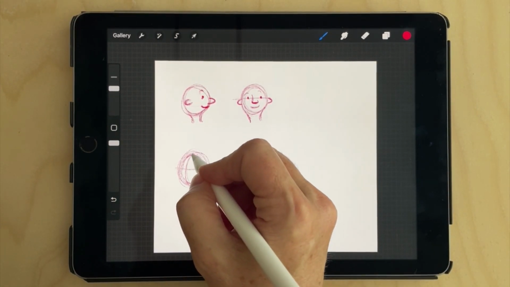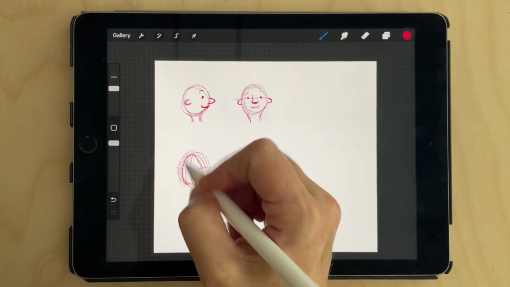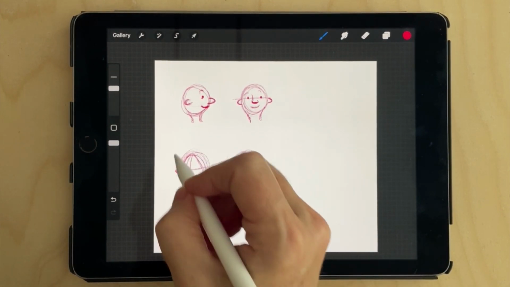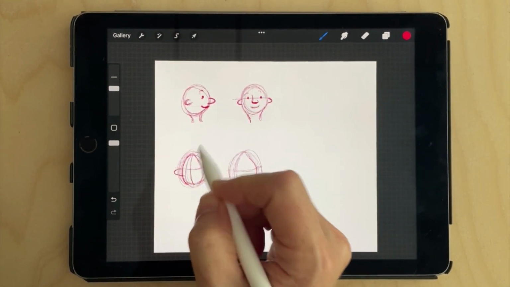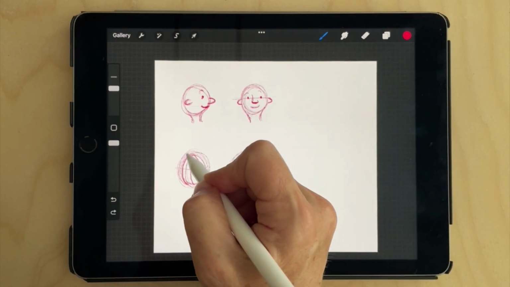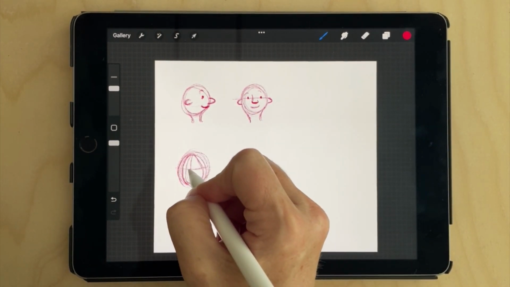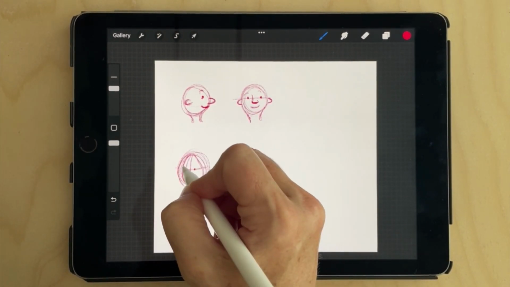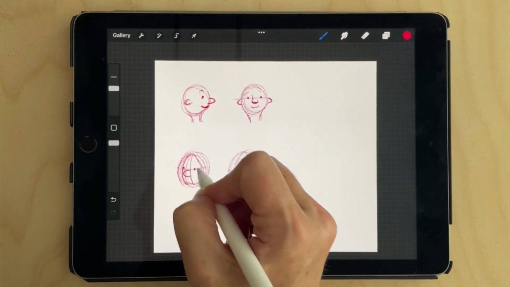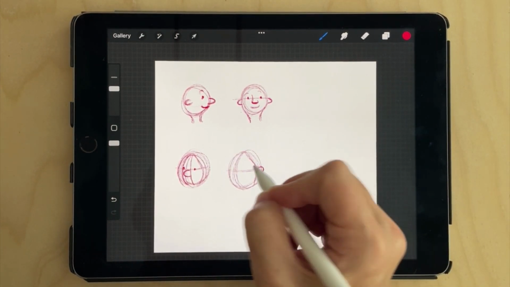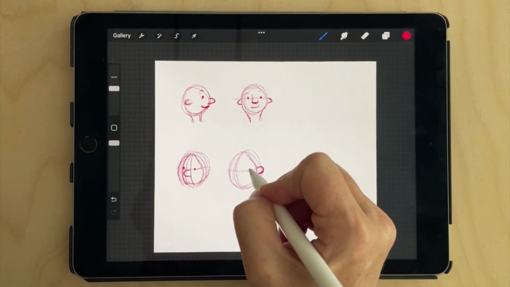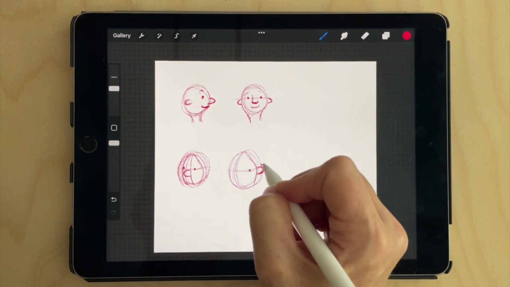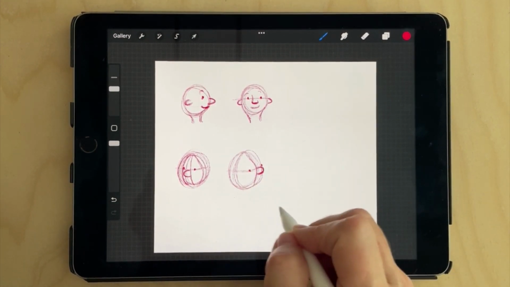Wherever there's a line of longitude, your head can be turned. So if you put the nose there, that's almost a perfect profile. The closer you put it to the middle, the closer we are to face on. But having the nose pointing to left or right is always more interesting than having it pointing to the front. So you can start playing around with that.